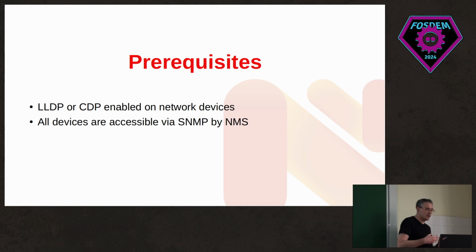Ideally you have to have discovery protocols enabled on your devices: LLDP, which is preferred, or CDP, and of course all network devices like switches and routers should be accessible by SNMP from the network management system.